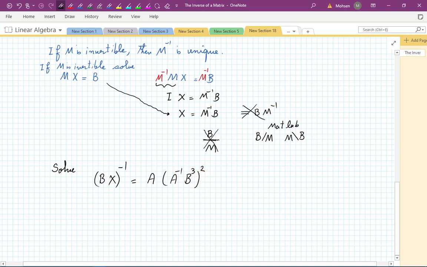Let me write it just the way it shows up in your homework. We want to solve (A inverse bx) in parentheses to the power of -1. On the right-hand side is (A inverse b cubed), the whole thing in parentheses, squared.